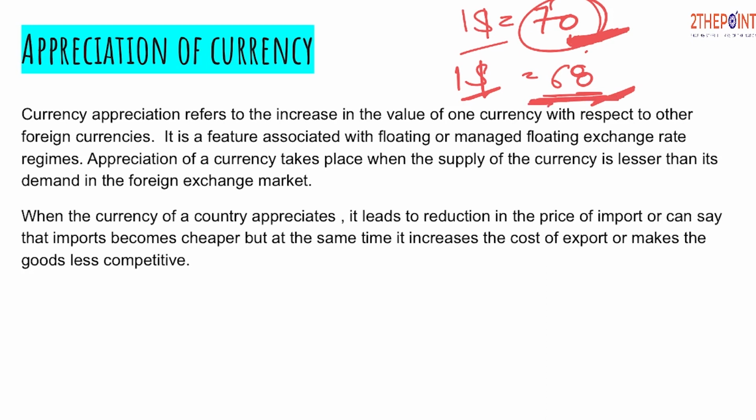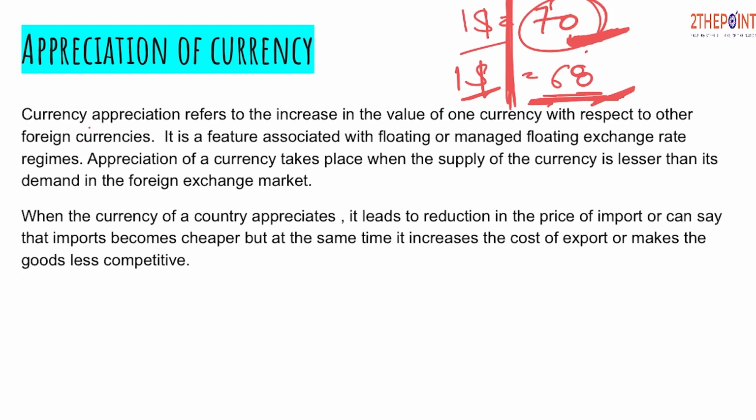To avoid confusion, we will just consider the Indian currency aspect and not the dollar. Here the value has appreciated, as I said: now you just have to pay 68 to buy 1 unit of biscuit packet, that is, 1 unit of dollar.